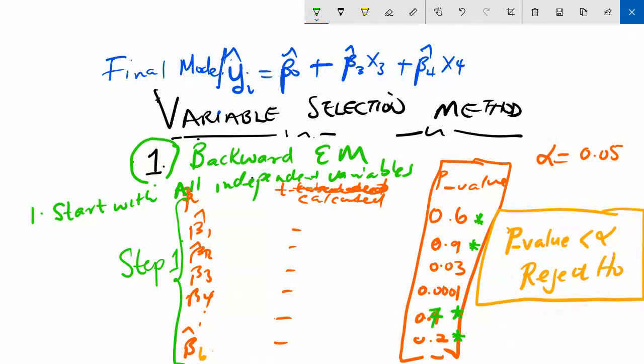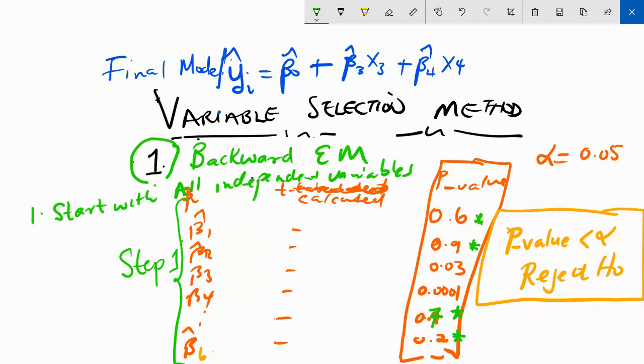Why? Because it's the one having the largest p-value that is not significant. So what is happening with the backward elimination method? It removes one variable at a time. There won't be a stage where it will remove 2 variables because they're all not significant. No, it doesn't work like that.